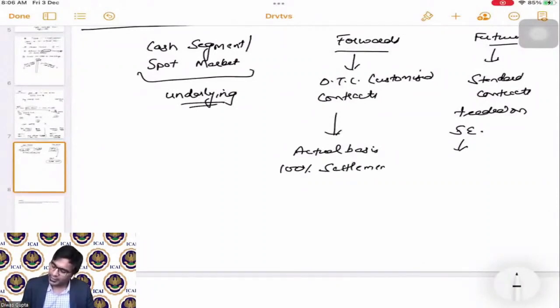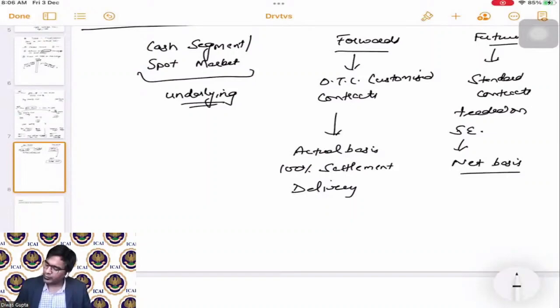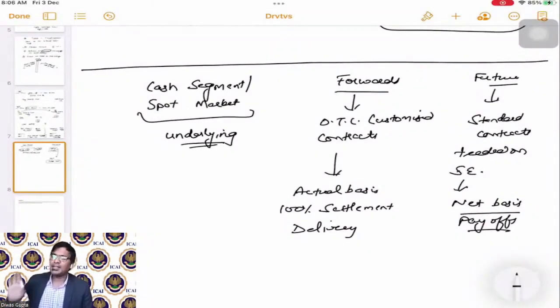The delivery will be there. The entire payment will be there. Correct. And futures will be settled on net basis. This is basis the payoffs that we have calculated. Okay, students, I hope this difference is clear to all of you, because this is very important for us to move ahead in the next part of the session.